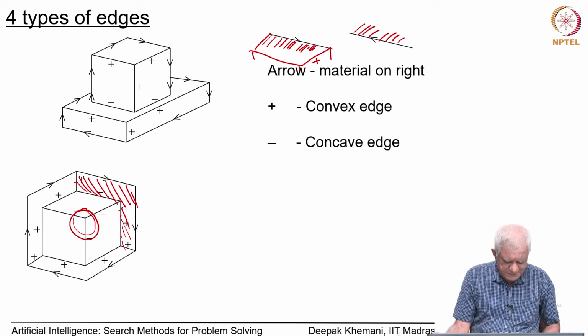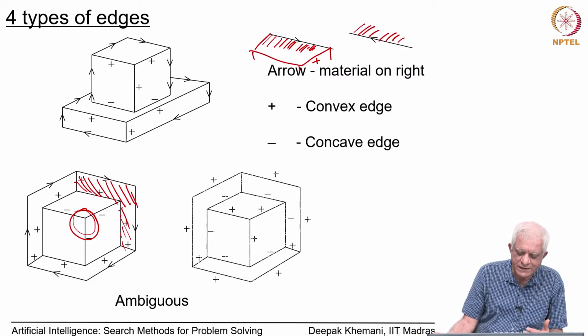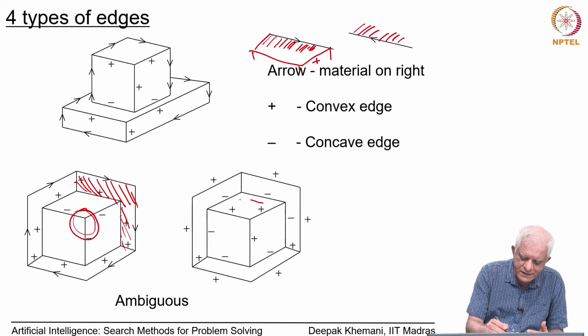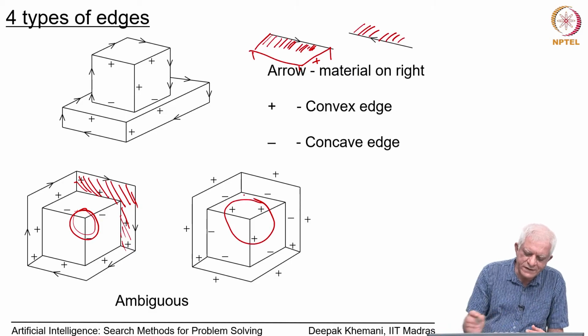But a perfectly valid labeling would also be like this, in which the inner 3 edges are labeled with pluses and there is a change in the other edges as well. So, now you can see that the inner part can be seen as a cube.